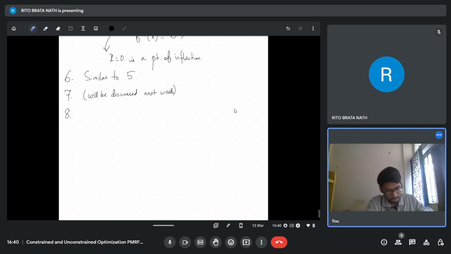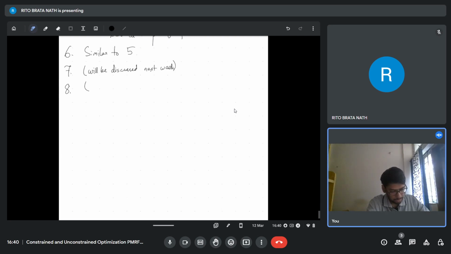The eighth problem is something which is interesting. The stationary point is again the solution point that you can determine. Oh, that's in problem 9. This is the same. The ninth is about the stationary point.